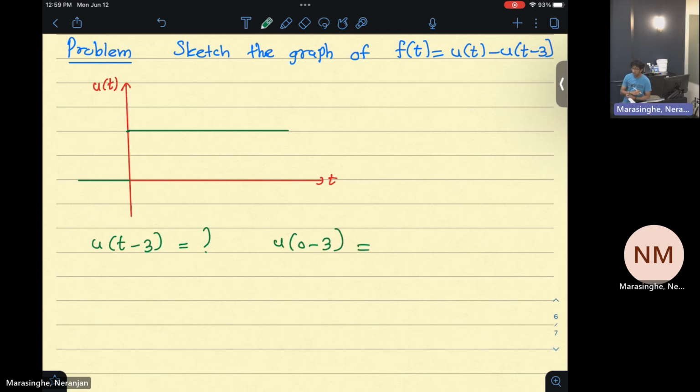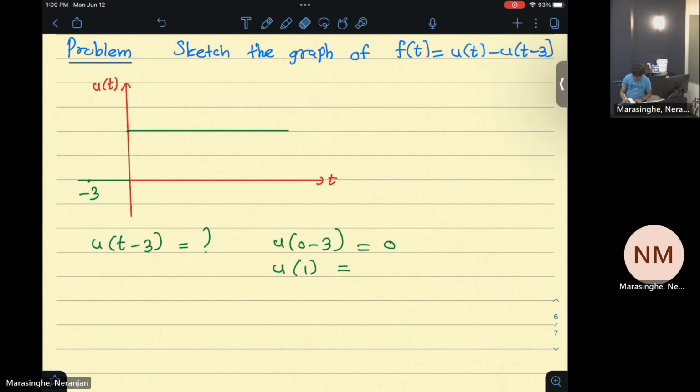What is the value of this one? u(minus 3). So what is that value? It is 0, right? Because we know that u(minus 3) is 0. This is the graph of u(t). Minus 3 is somewhere here. So what can you say about u(minus 2)?